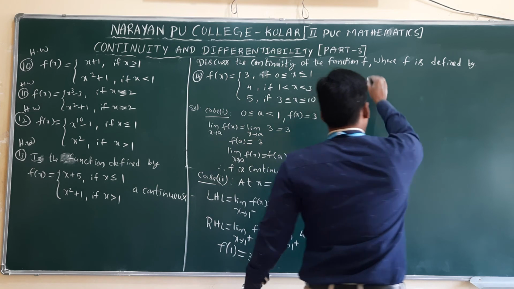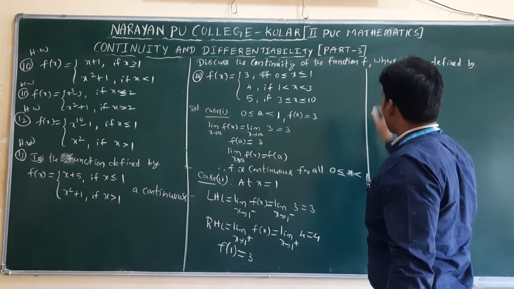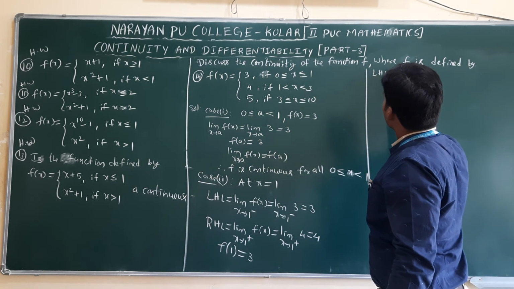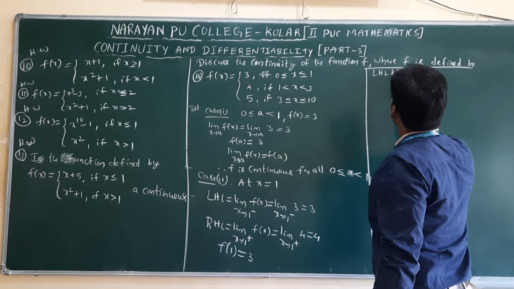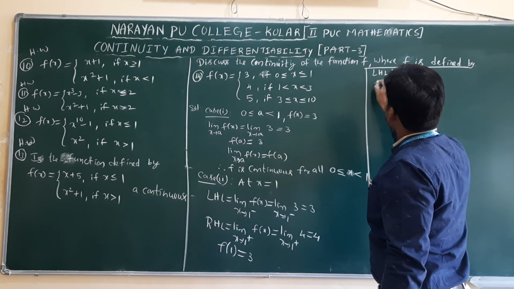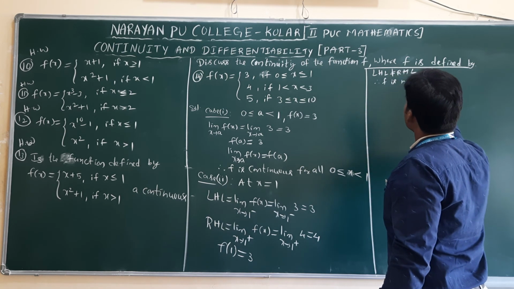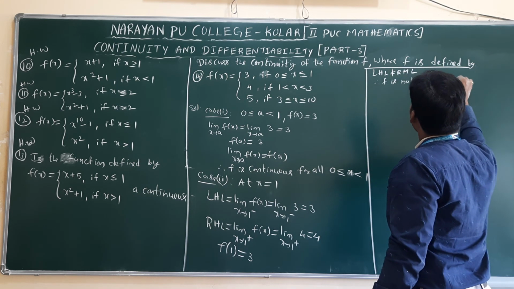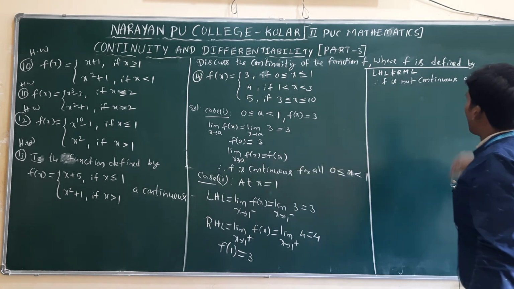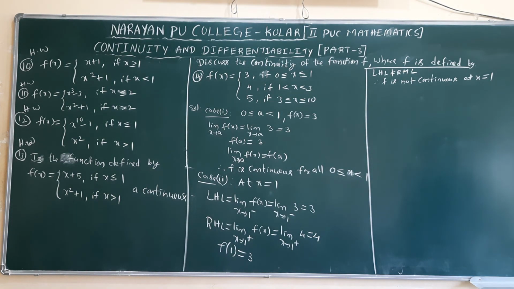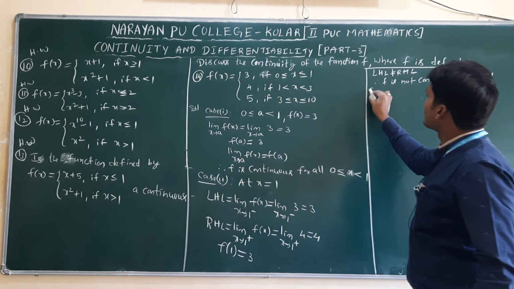But here LHL is not equal to RHL. That's why f is not continuous at x equal to 1. Next, third case.